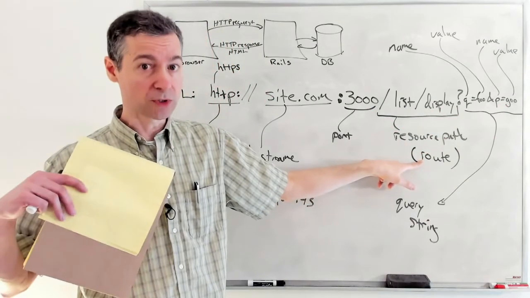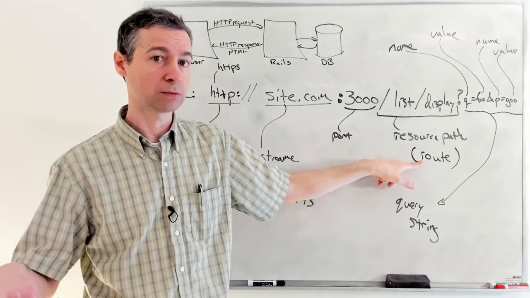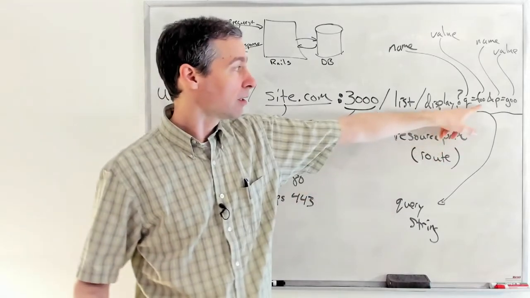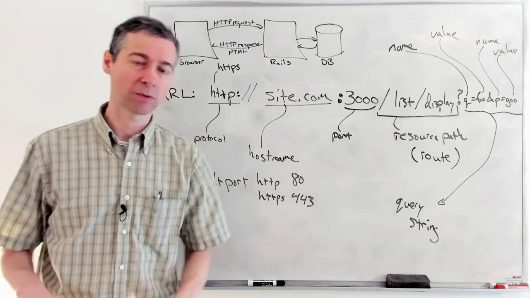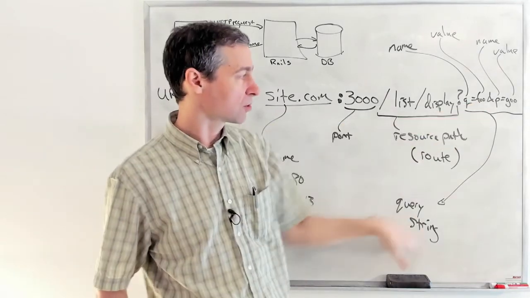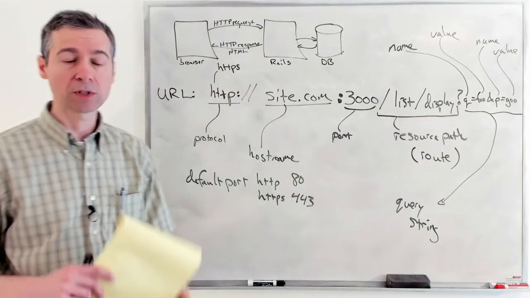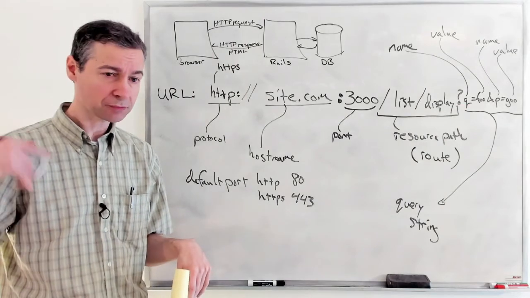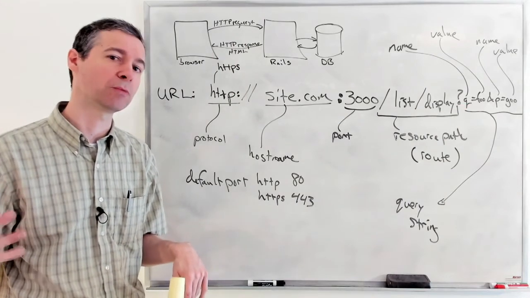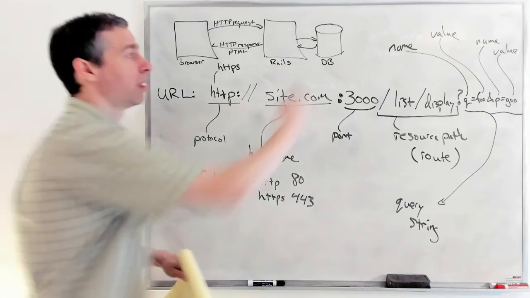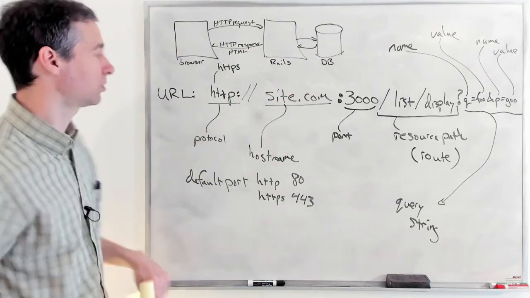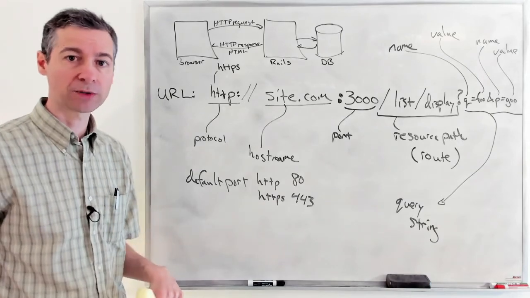We're going to use it to figure out what code to run on our side. In general, you're going to see that we very rarely use these query strings, but we can use them as some of the input to help us understand what our code should actually do and return back to the user's browser.